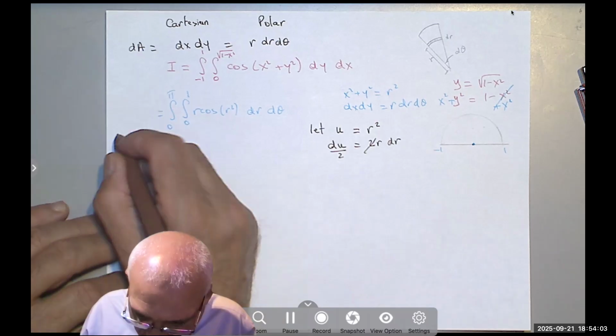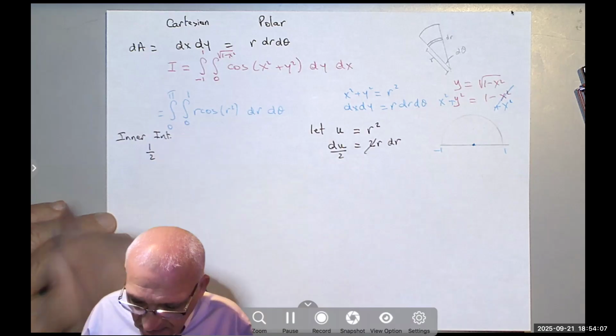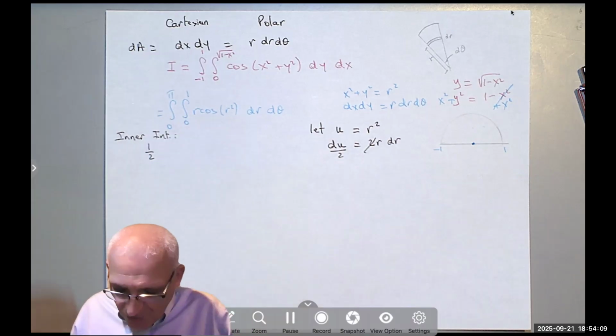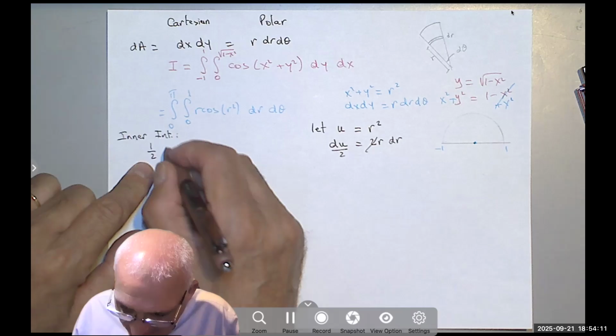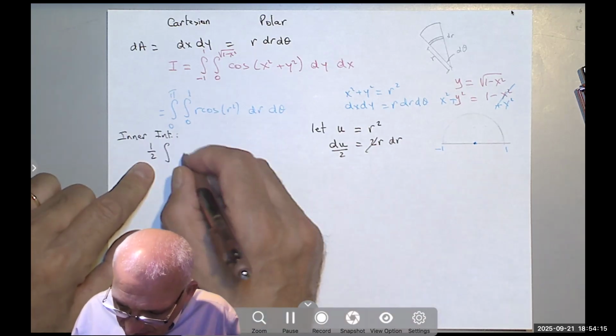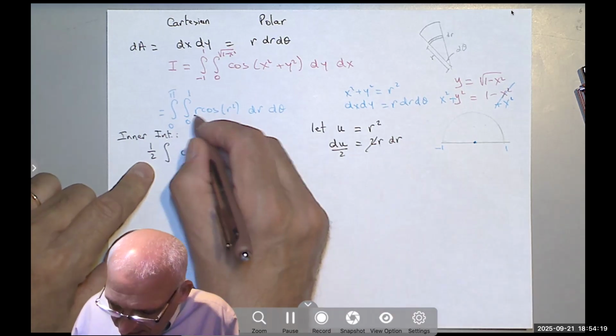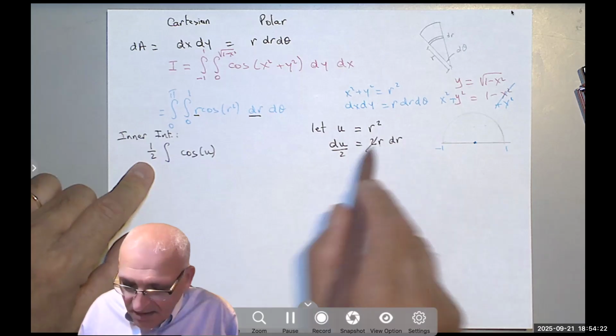So I'm looking at the inner integral first. I'm going to take 1/2 out, take the integral. Cosine r squared is cosine u, and r dr is du.